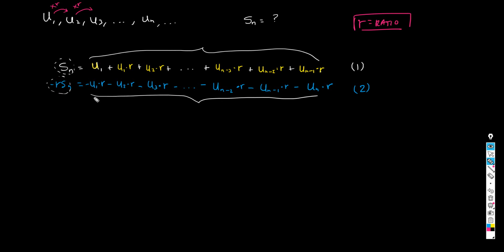And you're gonna observe that something very peculiar will happen when I do this. When I add this and this, what am I gonna get? I'm gonna get Sn plus minus this number, I will get minus R Sn. Okay.